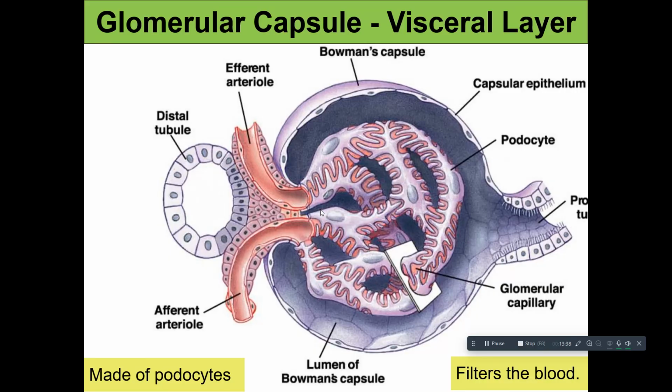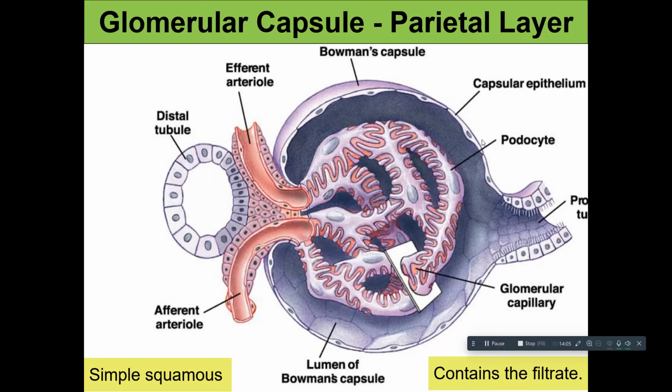The extensions of the podocytes are what gives these cells their name. Podo means foot or feet, so these cells have all these little feet coming off them. And notice how the feet are kind of interlocking or interdigitating, leaving a little space between, and that is going to contribute to the filtration. So this visceral layer helps filter the blood.